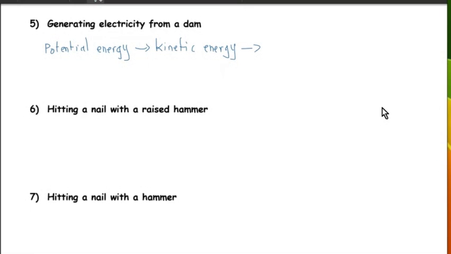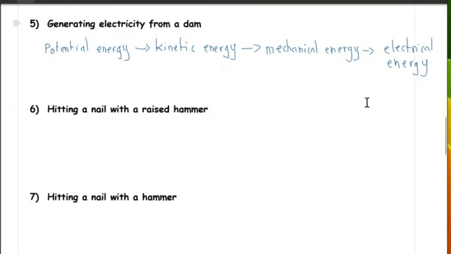So let's say that is mechanical energy. And then the turning of the turbines produces the electricity, so we have electrical energy. Okay, so that is the energy transformation in a dam.